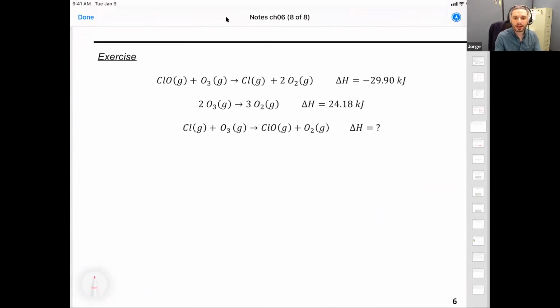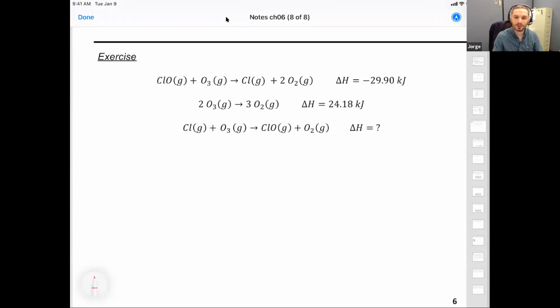Okay, so let's move to a more complex example here. We are looking for the delta H of the third reaction, chlorine reacting with ozone, producing chlorine monoxide and oxygen gas. Okay, so this reaction is a problem to measure the delta H, doesn't matter why. However, we can easily measure the delta H of ozone being transformed in oxygen, and then chlorine monoxide reacting with ozone, producing chlorine and oxygen.